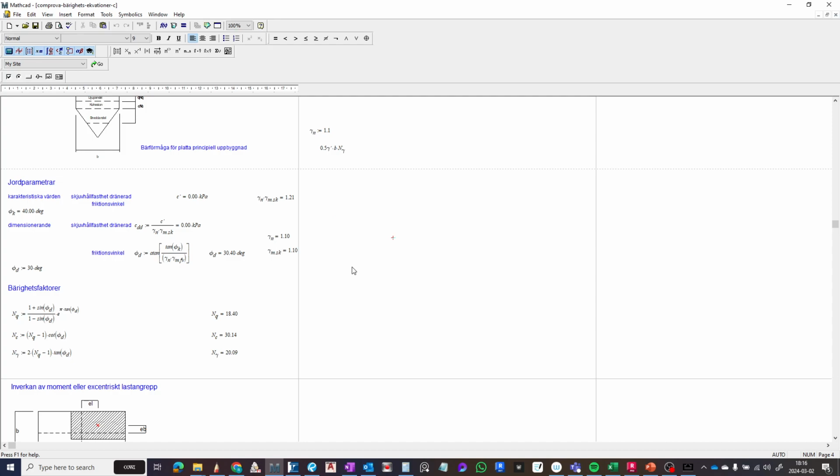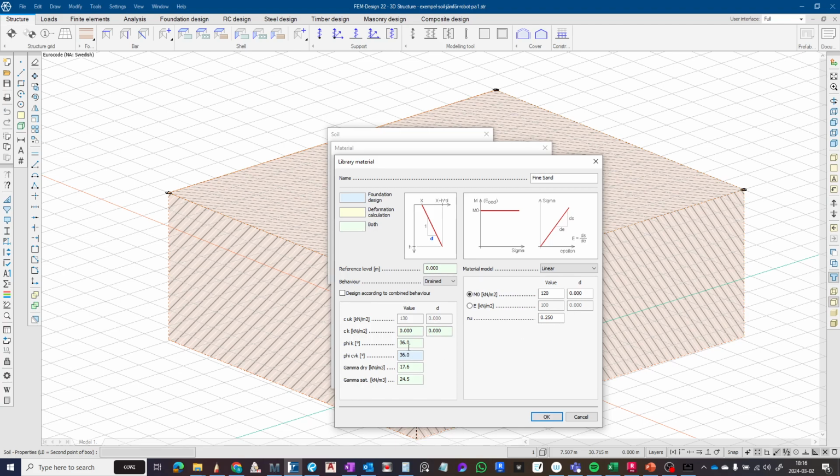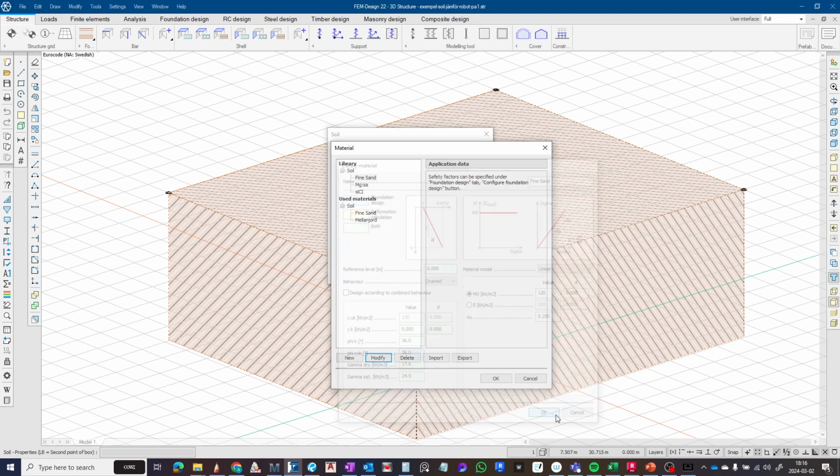This is the way that we use in Sweden, while in Robot they use it directly without safety factors, and they get this information as you see. So that's why it's a little different here. I have put in 36 as the friction angle to make the same comparisons with Robot. And for the density, the dry density and then the saturated density, I made some little changes to get exactly the way that we have in Robot.